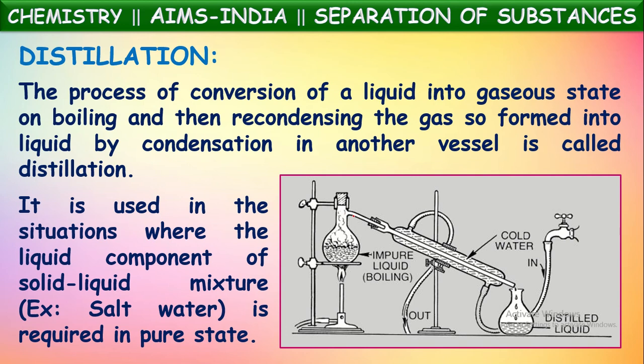The vapors of water are collected through this delivery tube. And in the way, that delivery tube is cooled by passing cool water around it. Then these vapors of water again will be condensed back and convert into small droplets of water. These droplets of water are collected in another container like this.